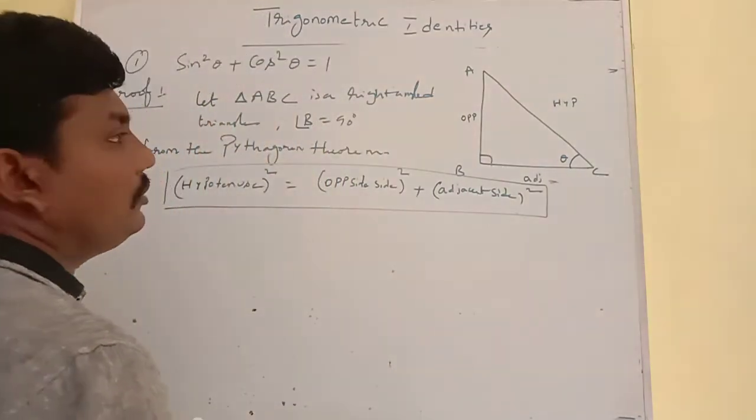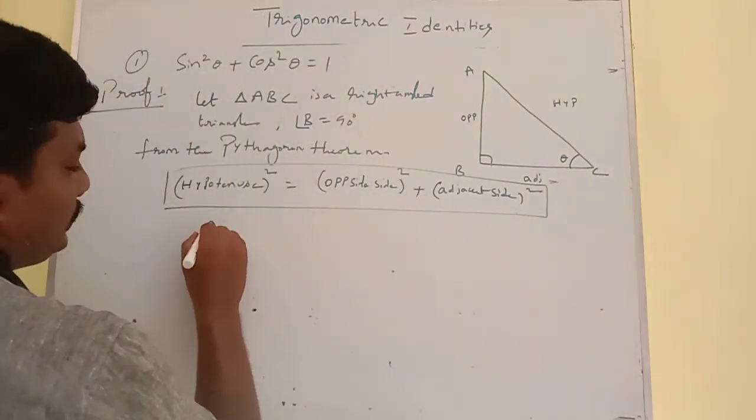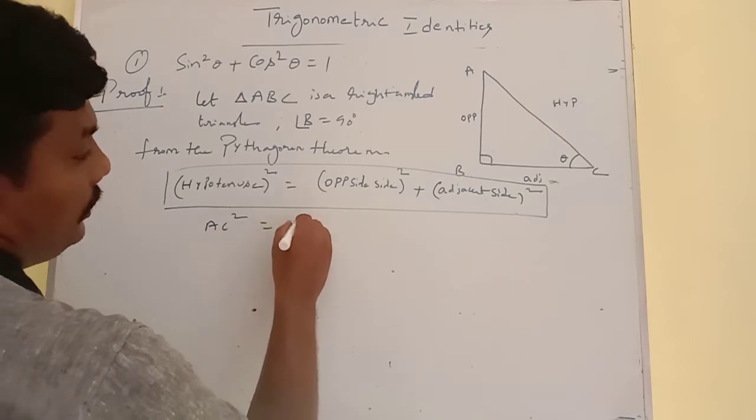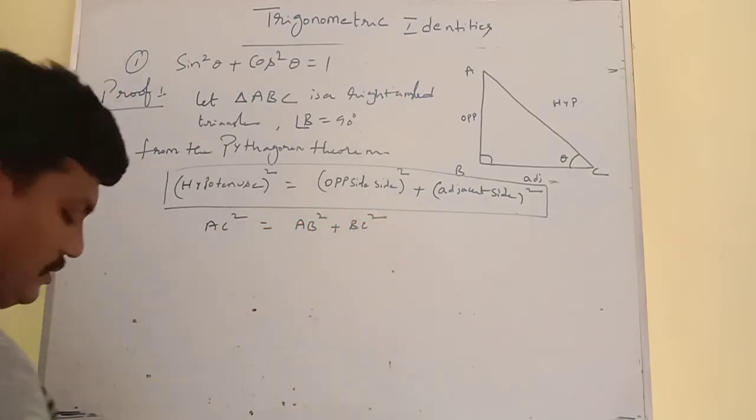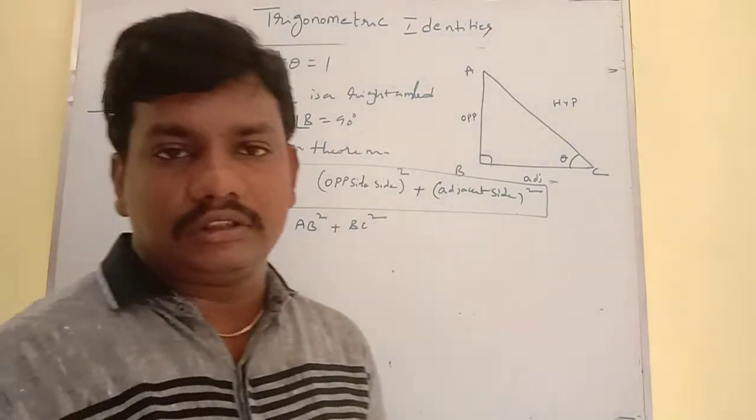So this is the formula. Under this formula, we consider AC square is equal to AB square plus BC square.